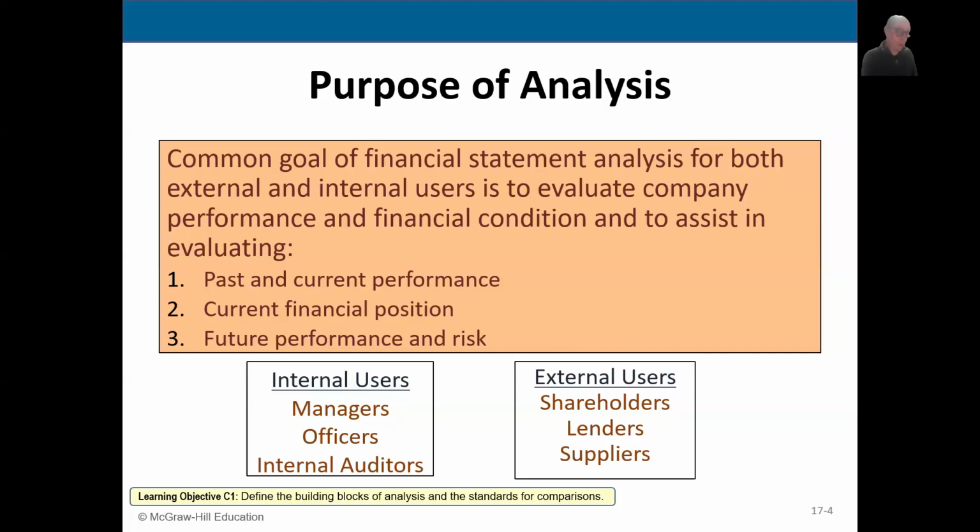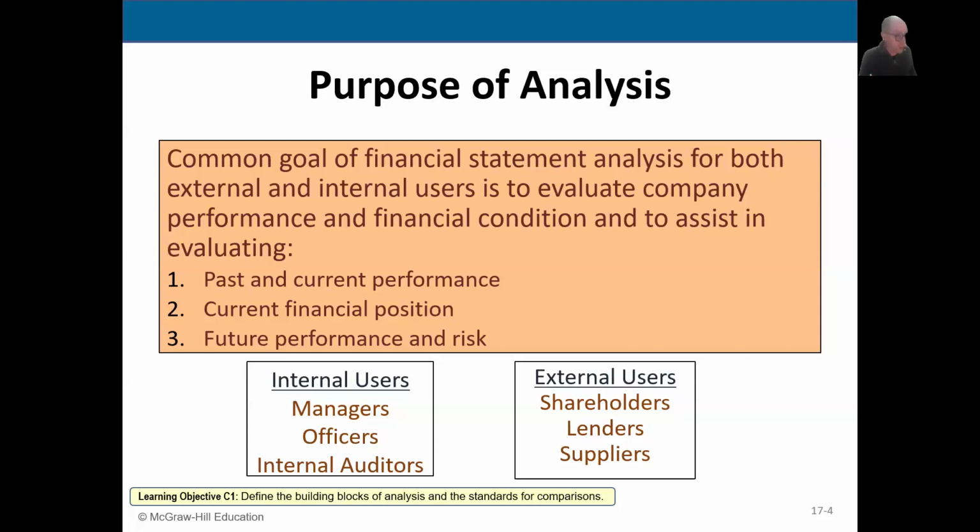And of course, the third is future performance and risk. We analyze financial statements to understand what we need to do going forward in order to grow, stabilize, compete, etc. We need to know the financial health in order to determine the future performance of the company, forward looking.